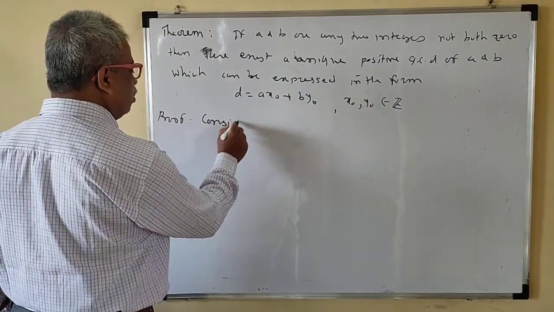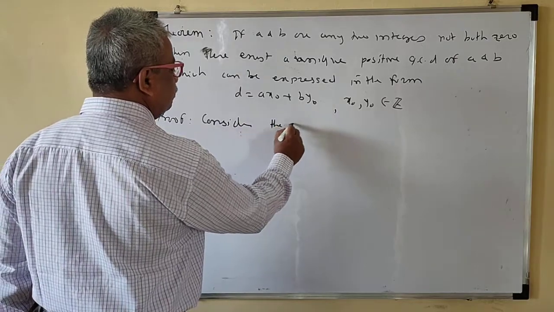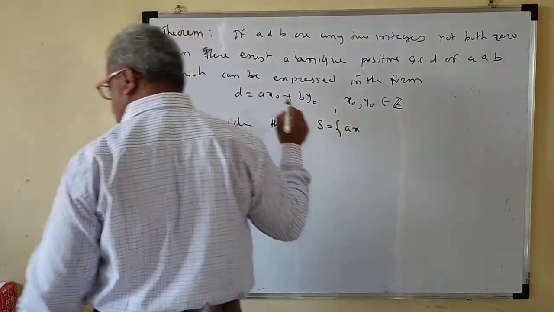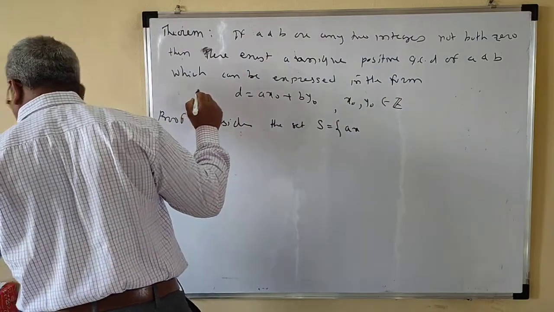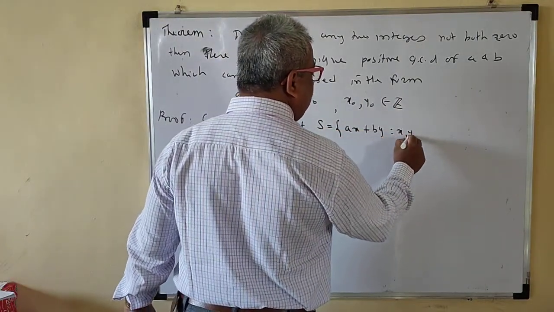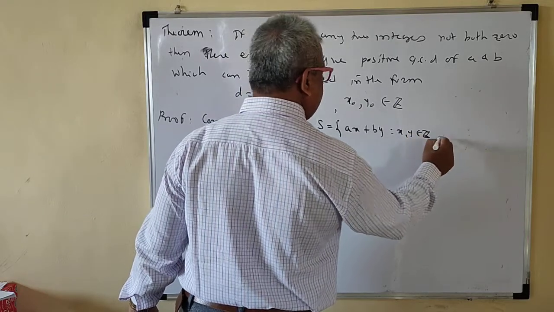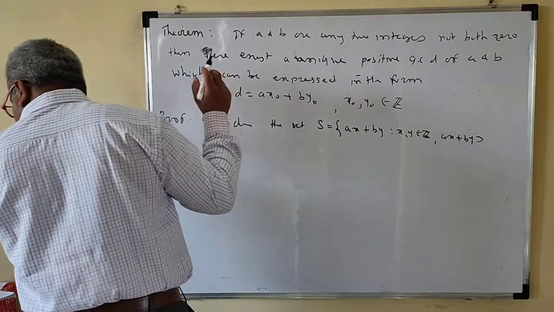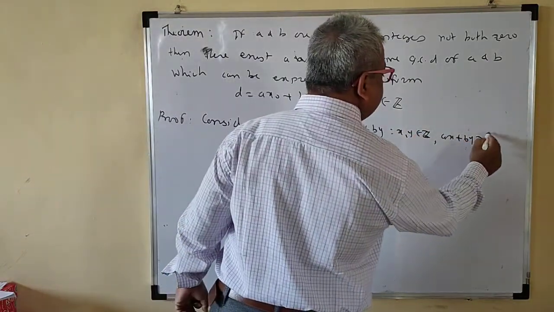Consider the set S equal to AX plus BY, where X, Y belong to Z, such that AX plus BY is strictly greater than 0.